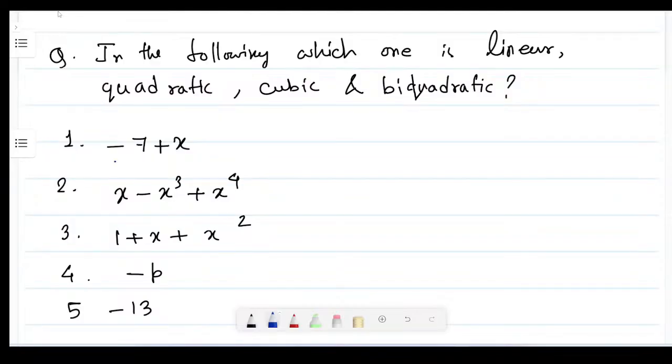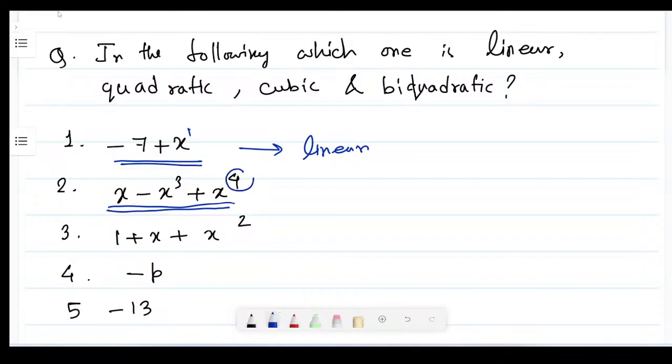So in this polynomial, the highest power of x is 1. So this is linear. And in this expression, the highest power of x is 4. So this is biquadratic.